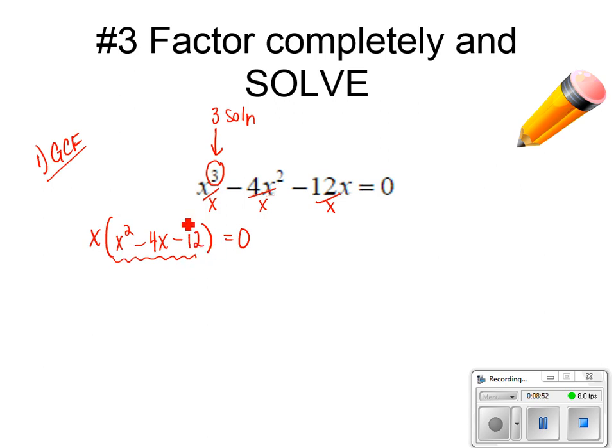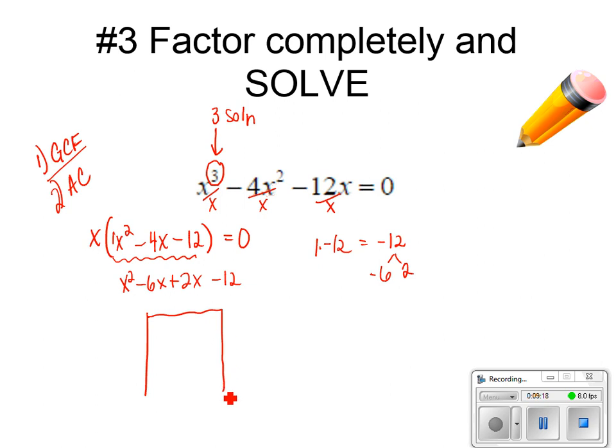There's 3 terms, so the second type is going to be using the AC method. All right, 1 times negative 12 is negative 12. 2 factors of negative 12 that give me negative 4 would be negative 6 and positive 2. Rewrite this as a 4-term problem, and then use my squares.